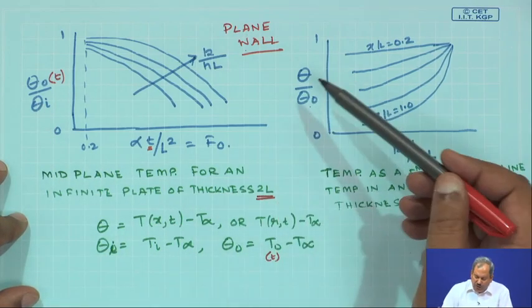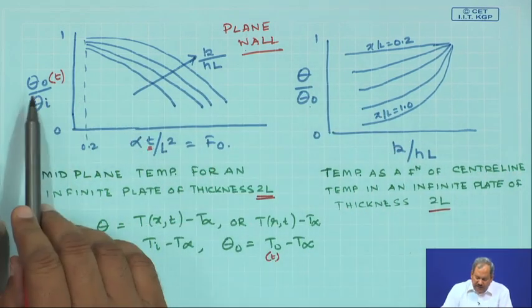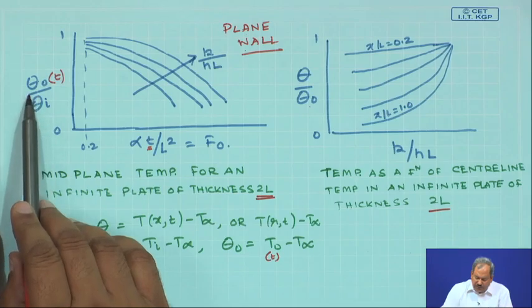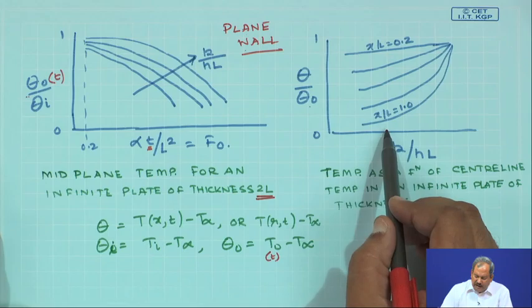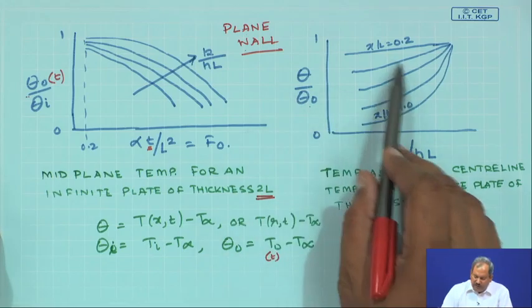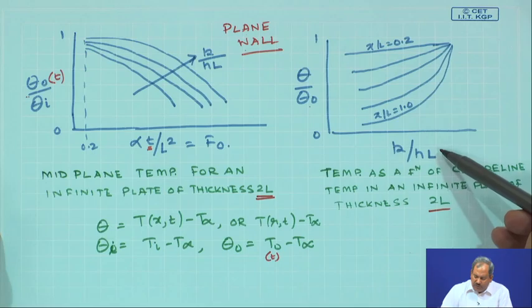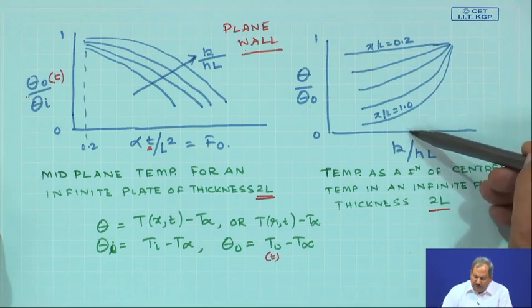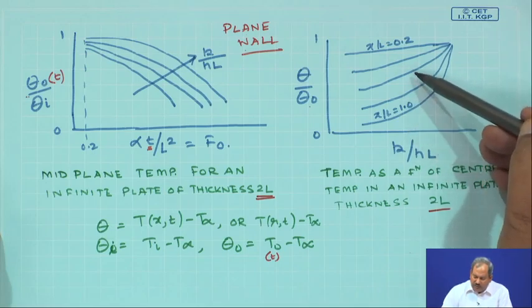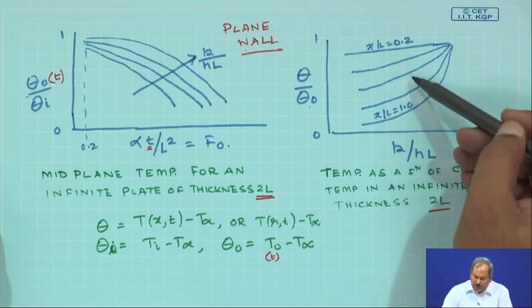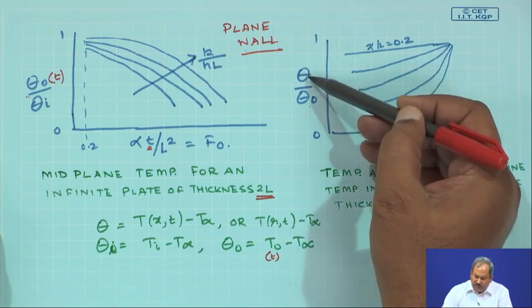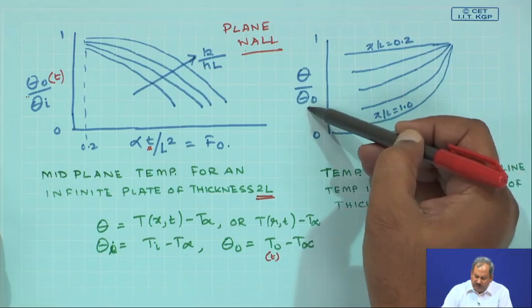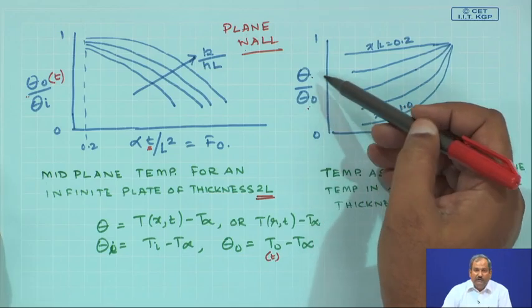So, in order to obtain the center line temperature, you require just one chart. In order to evaluate the temperature at points in between the center line and the surface, you require this curve as well, where from the value of the inverse of Biot number, you go to the curve corresponding to the dimensionless location, and read the value of theta by theta 0. Since theta 0 is known, theta can be found out.